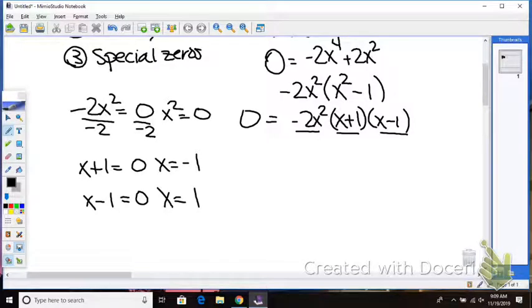So if x squared equals 0, what I want you to think of is there's two x's that equal 0. This has a multiplicity of 2. So x equals 0 with a multiplicity, you can just put mult of 2. This is a special 0. I'll tell you what it is in just a minute.